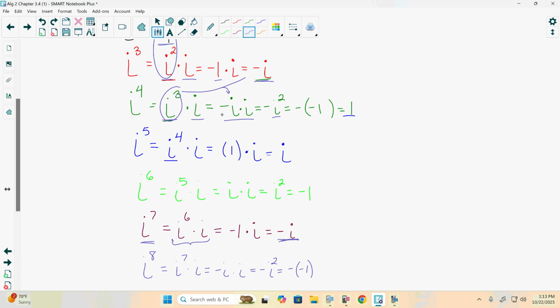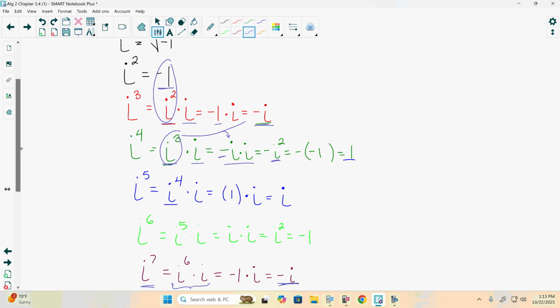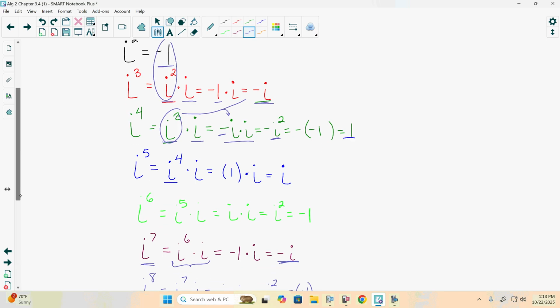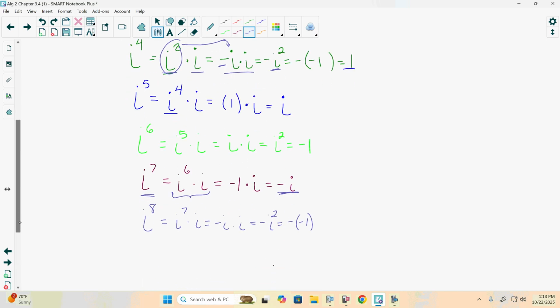We get the negative from there already. Well, we already said what i squared is. i squared is negative 1. So what I really have is negative negative 1, which is just 1. We get up to 4.